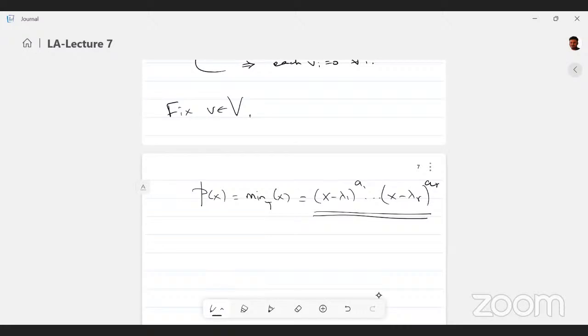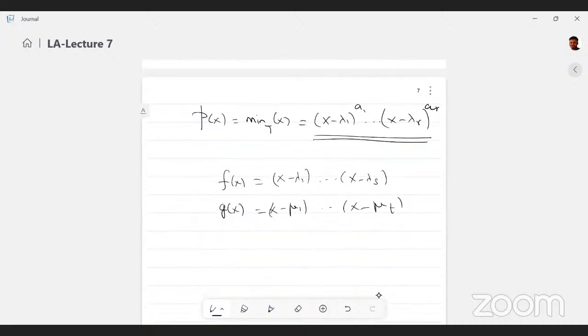We get the minimum of the powers, that is the GCD. No, let's say I'm giving you two polynomials, f of x, g of x. No common factors, exactly. They should not have common factors. If the factorization is like this, and then if the factorization is like this, then none of these lambda i should be equal to any of these mu j's. Okay, so then only they will be relatively prime.